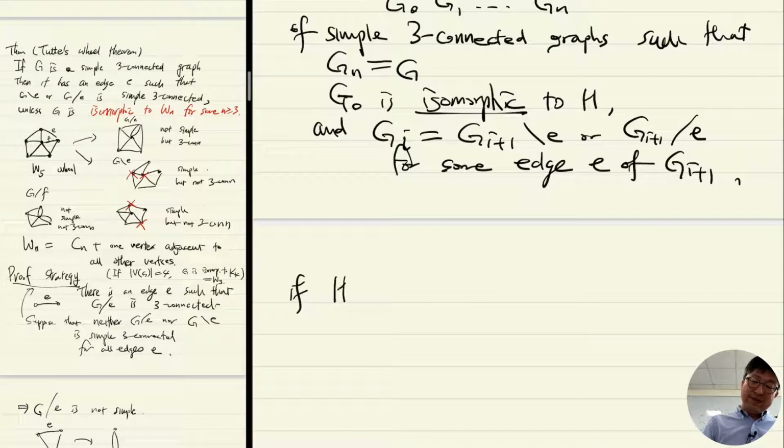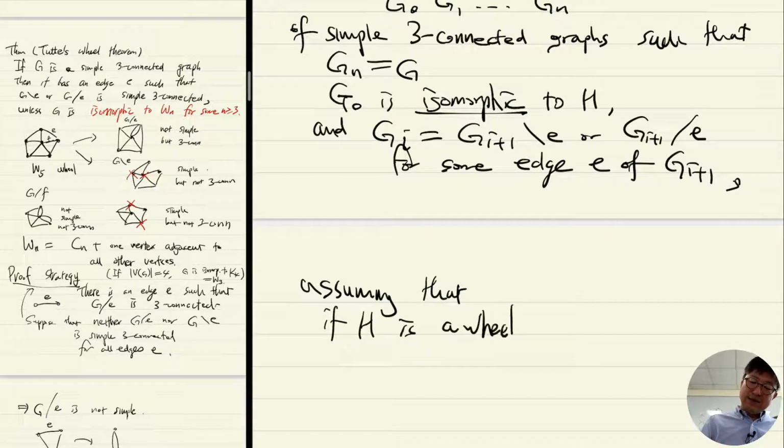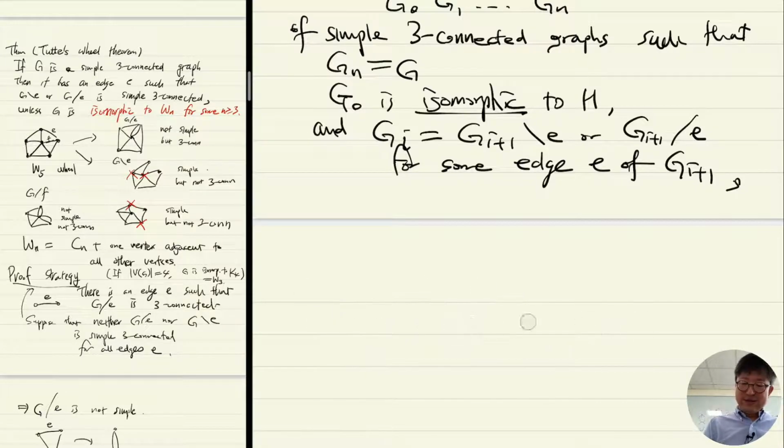Okay, if H is a wheel graph, then I want it to be the largest wheel minor, but let's not worry about that.